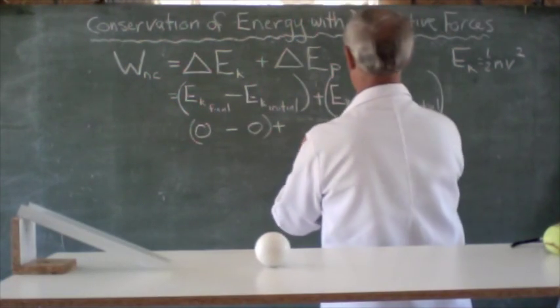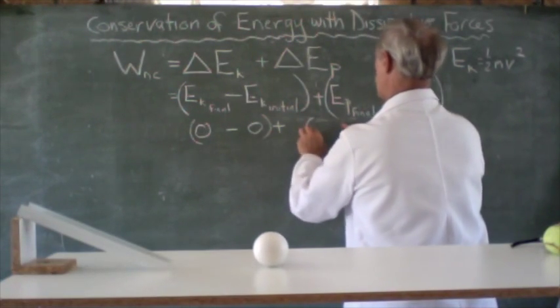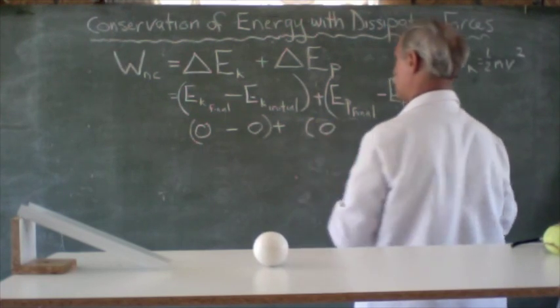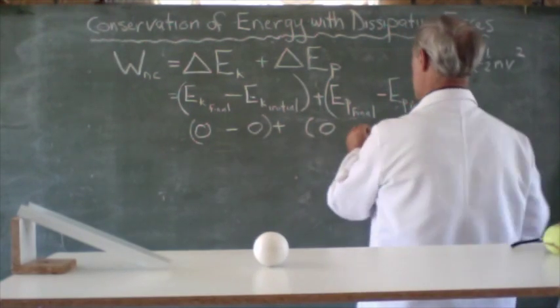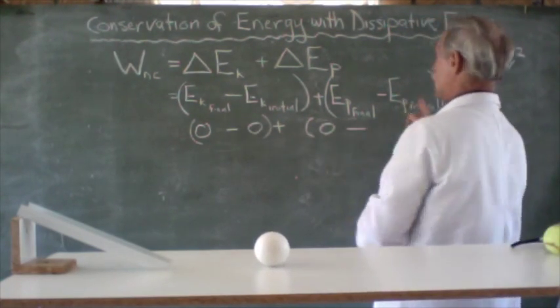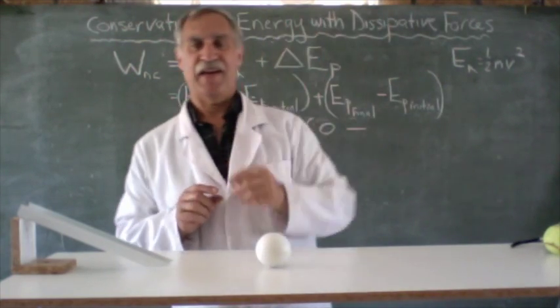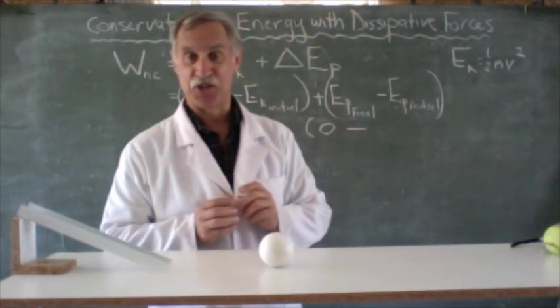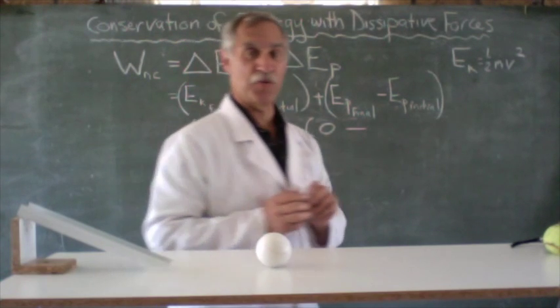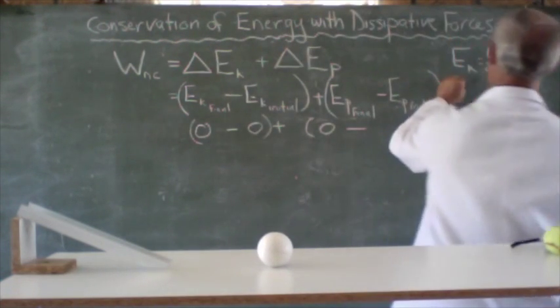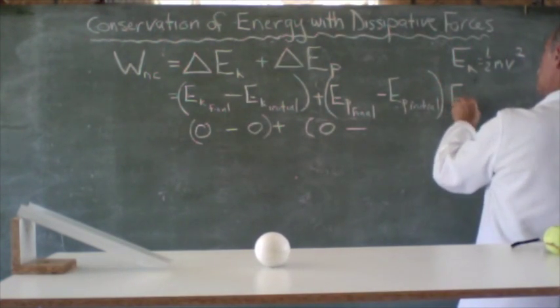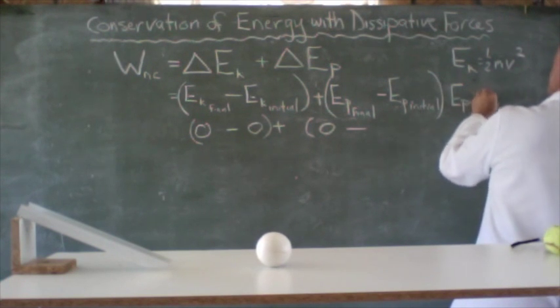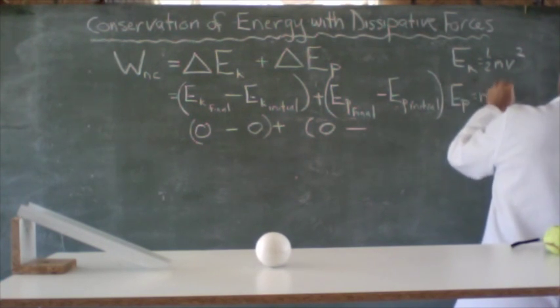So EP final is going to be equal to 0, minus EP initial. Now what is potential energy defined as? Well, we have a formula, it's in our data sheet. EP equals mgh.